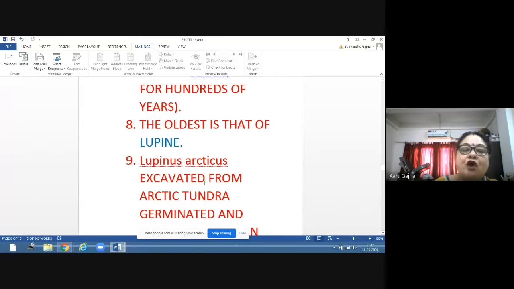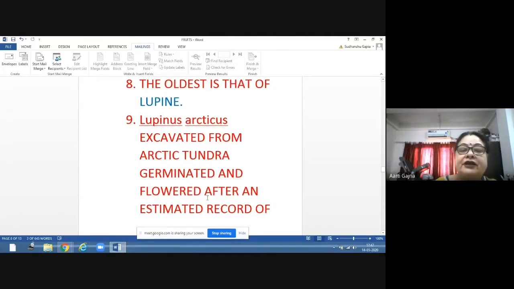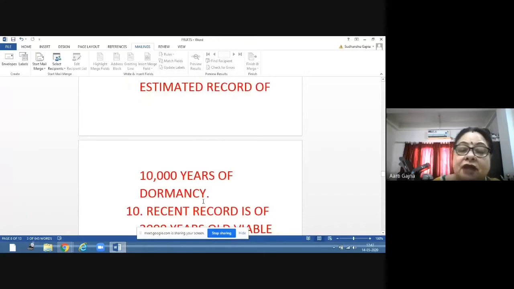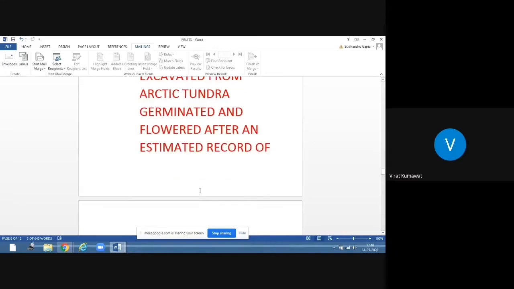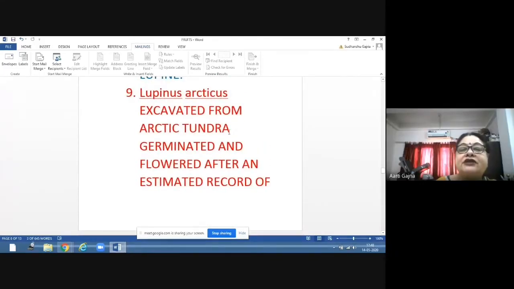This was found from Arctic tundra and it germinated and flowered after an estimated record of 10,000 years of dormancy. That means this seed was lying dormant for 10,000 years, and it was excavated from the Arctic tundra.